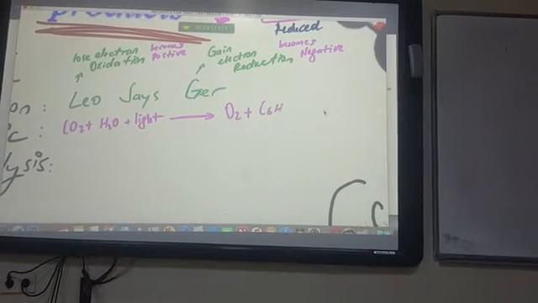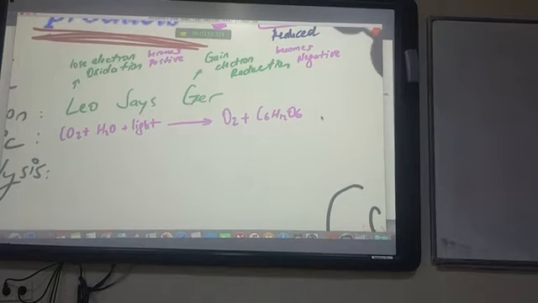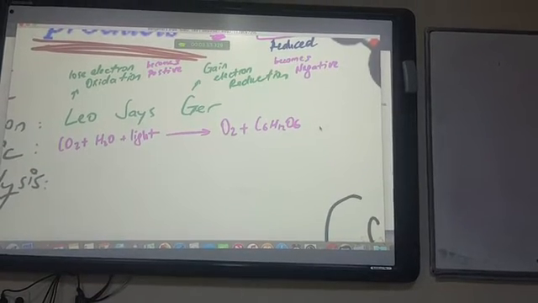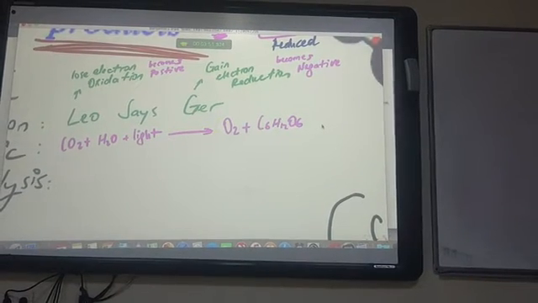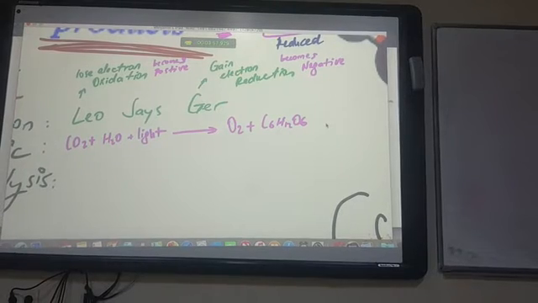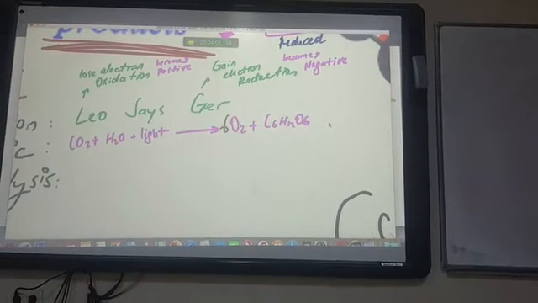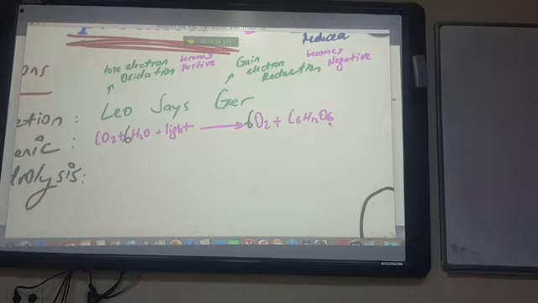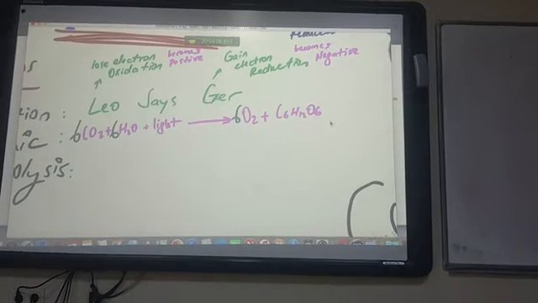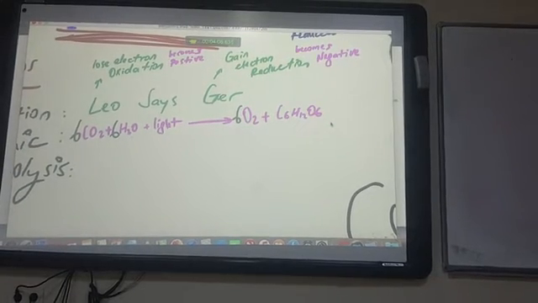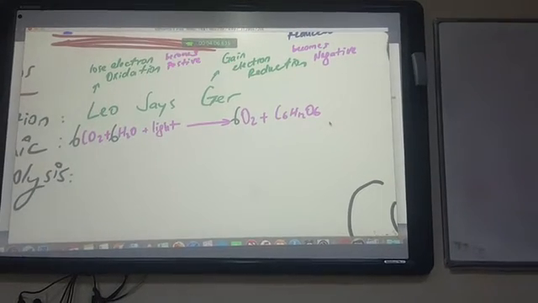Glucose is C6H12O6. These reactions are not balanced. Because of that, we should put 6, 6, and 6 here.